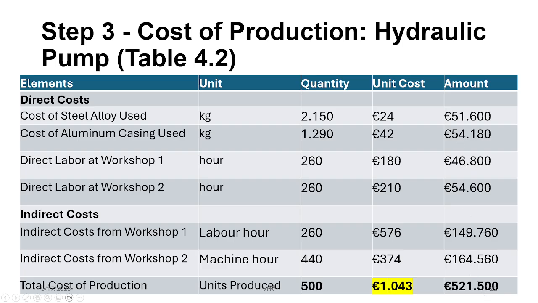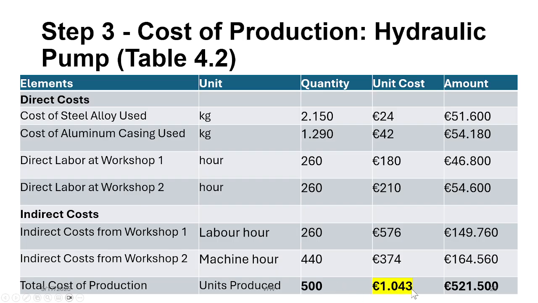So we have a total cost of production of 521,500 for the production of 500 pumps, right? Here the unit is the units produced, which means 500. This result is the unit cost of production of 1,040 euro.